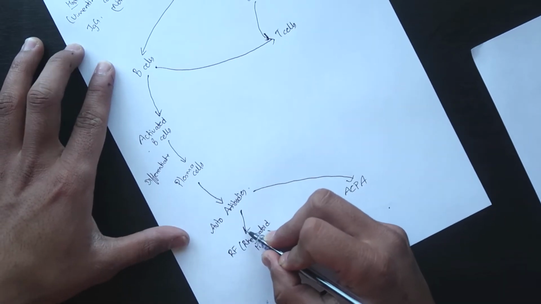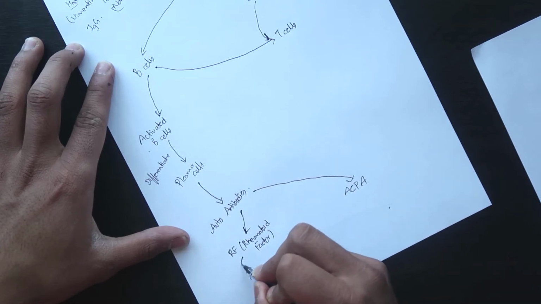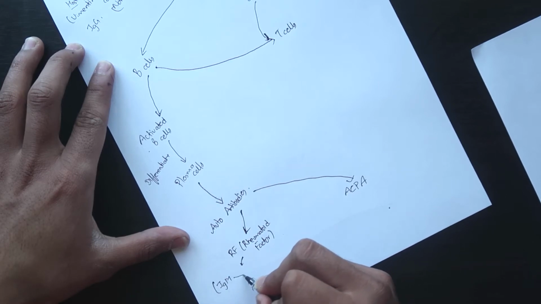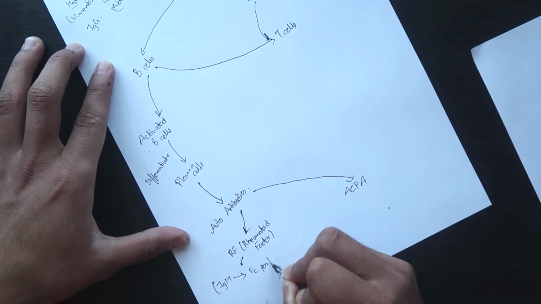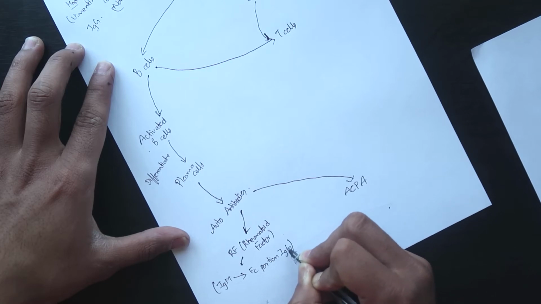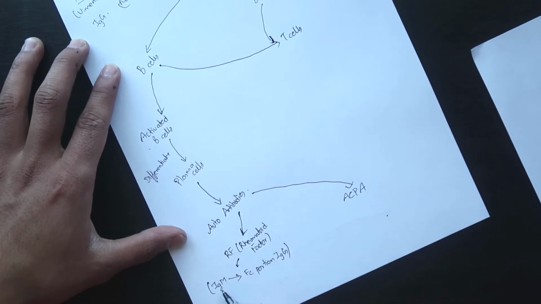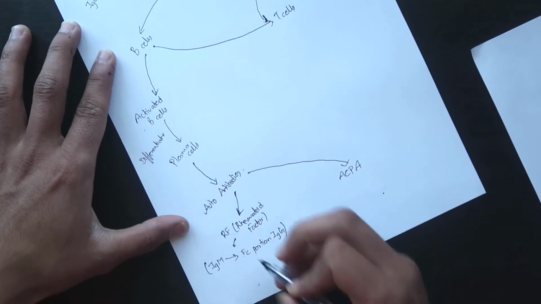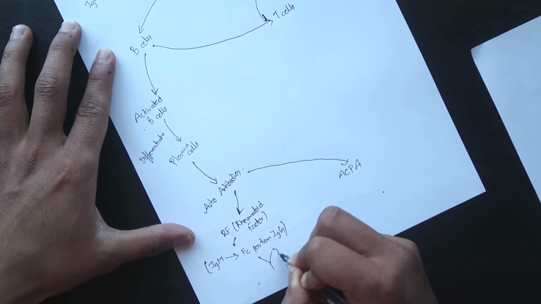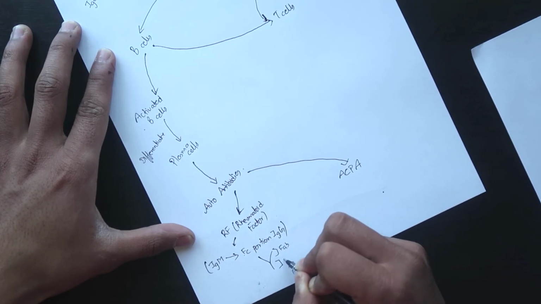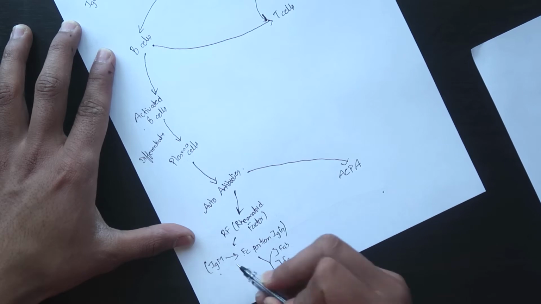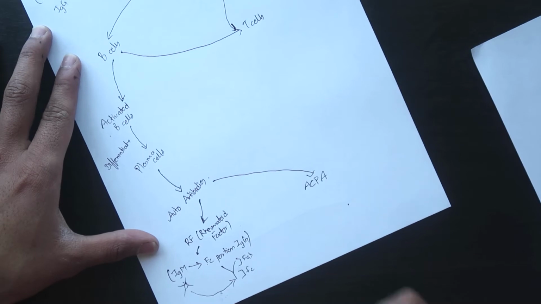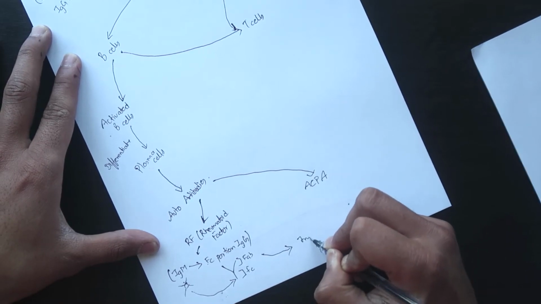First, talking about the rheumatoid factor, it is an IgM antibody that targets the Fc portion of the IgG antibody. We know the IgG antibody has two Fab portions and this is the Fc portion. So this IgM antibody will attack the Fc portion of the IgG antibody and form immune complexes.